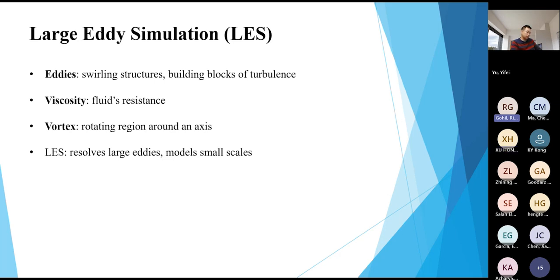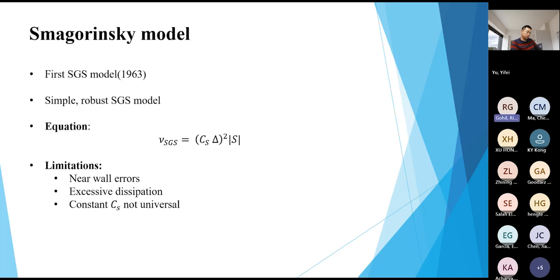One of the earliest approaches to modeling these small scales was the Smagorinsky model introduced in 1963, and we'll look at it in detail. It was the first subgrid scale model for LES. It approximates the effect of unresolved turbulence by introducing an eddy viscosity. The equation is this one, where nu is the subgrid scale viscosity representing the effect of small eddies.